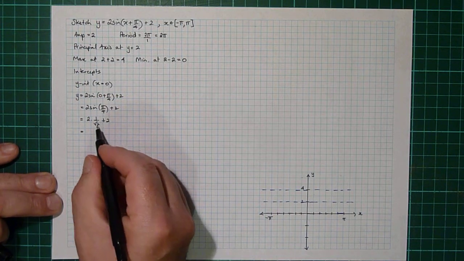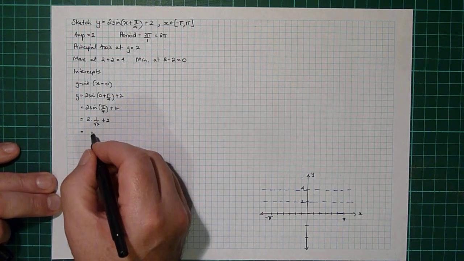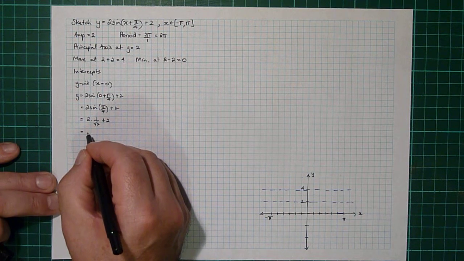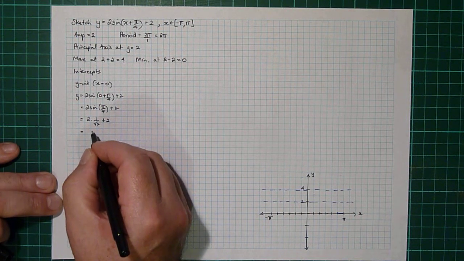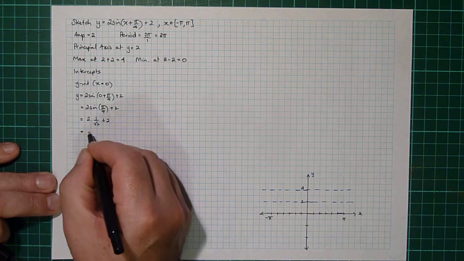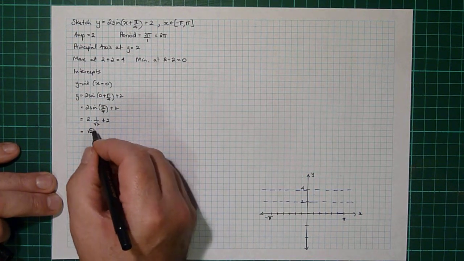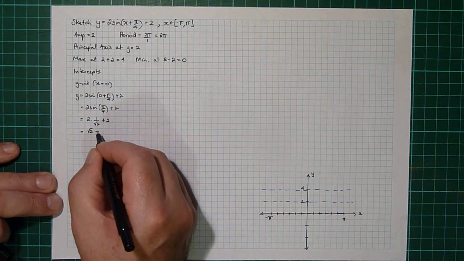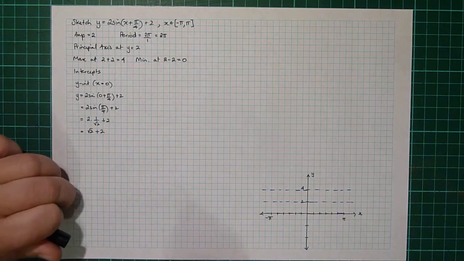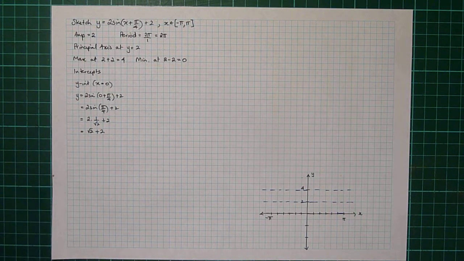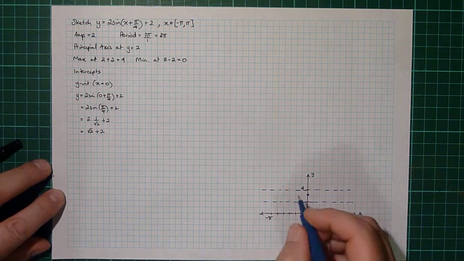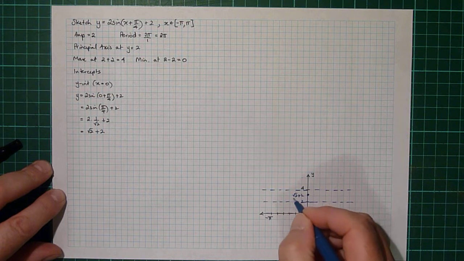If we multiply top and bottom by root 2, we end up with root 2 over 2, so 2 times root 2 over 2, which is root 2, plus 2. So we've already got our y-intercept, which is (0, root 2 + 2).